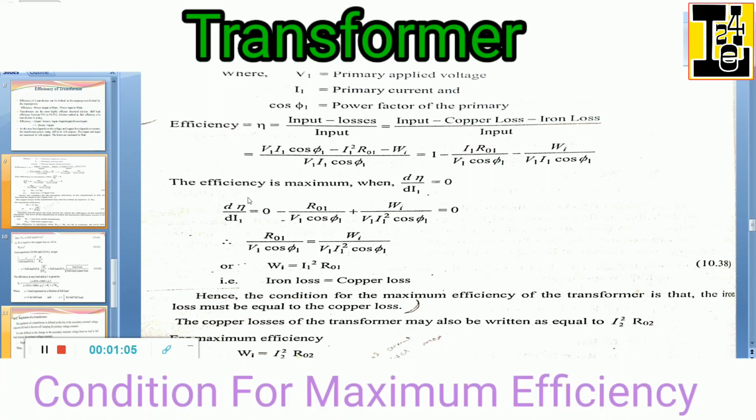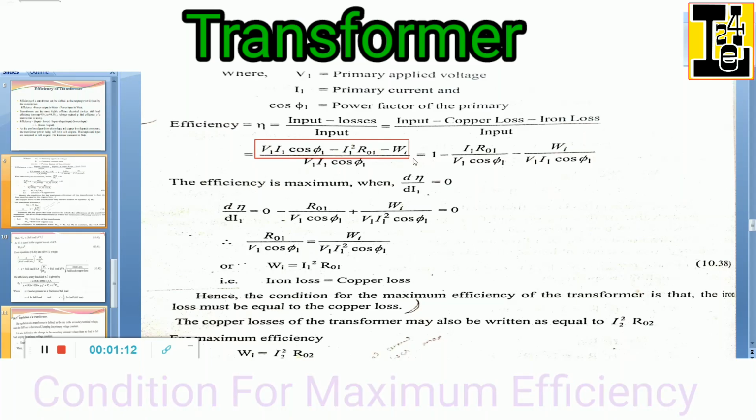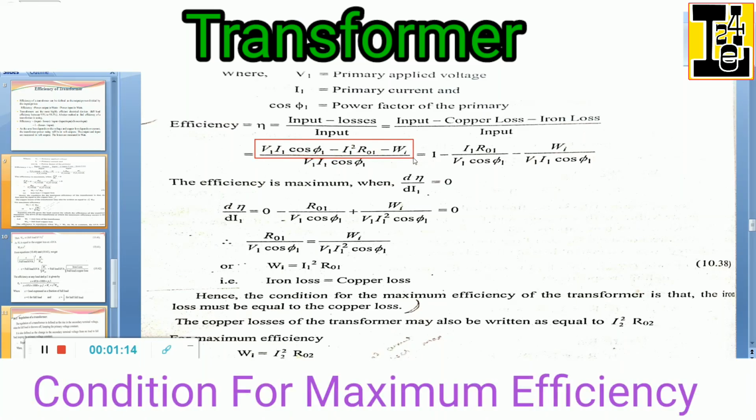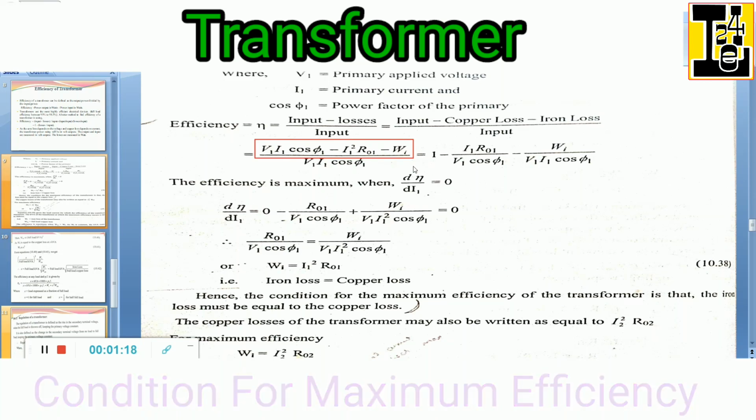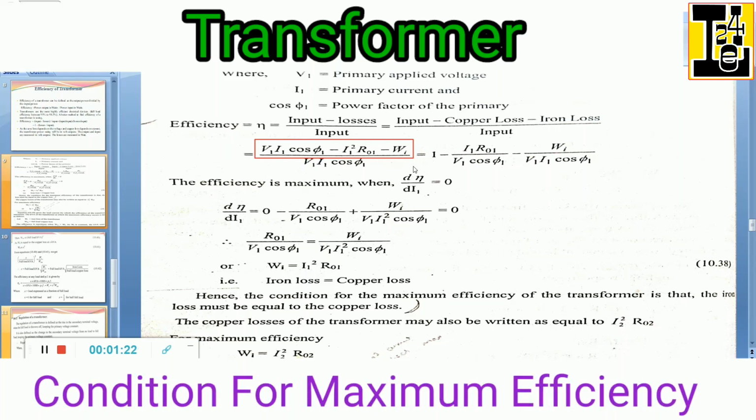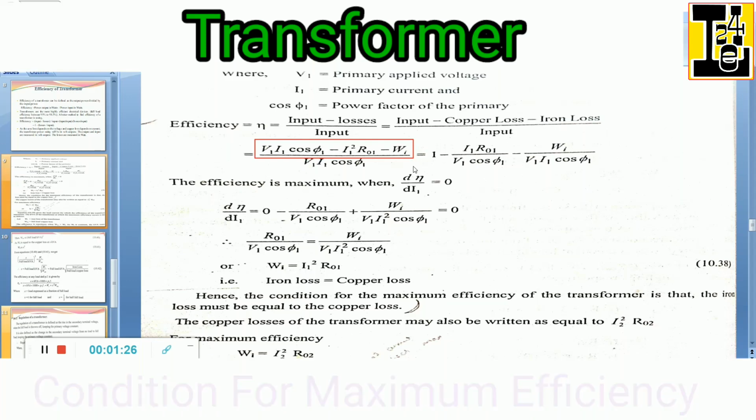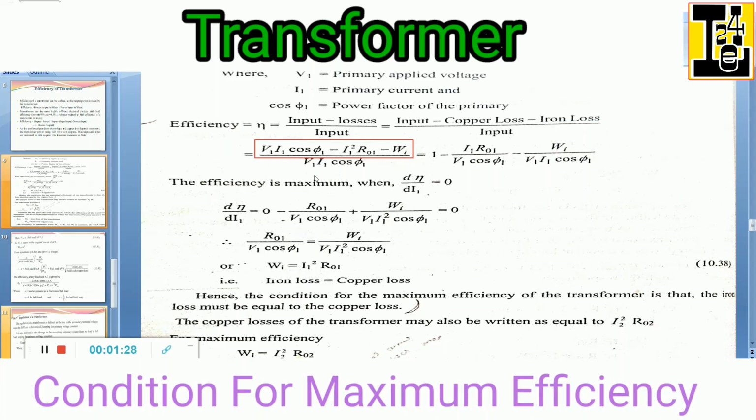This is expressed as V1 I1 cos phi1 minus I1 square R01 minus Wi, where R01 is the effective resistance of the transformer referred to primary side, and Wi are the iron losses, whole divided by V1 I1 cos phi1.